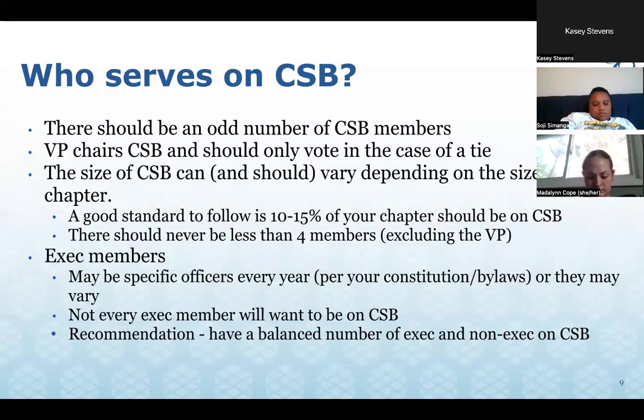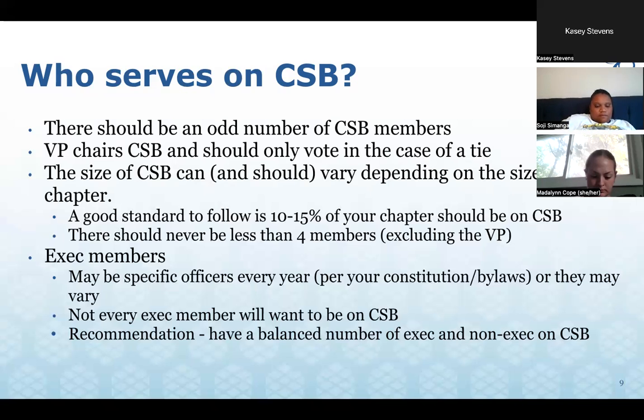The size of your chapter standards board can and should vary depending on the size of your chapter. So at Phi Chapter, originally we had, I think, 5 members on our CSB, but we went through a huge member growth. And so we went from, say, 30 members to 60. So we significantly increased that number to make sure it was proportionate to the size of our chapter.